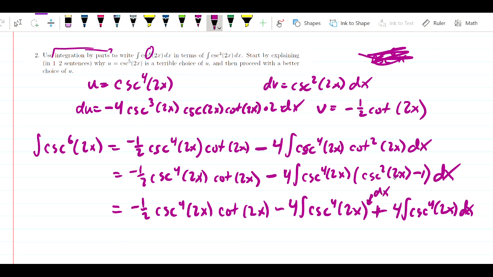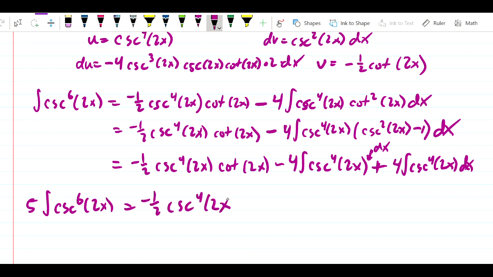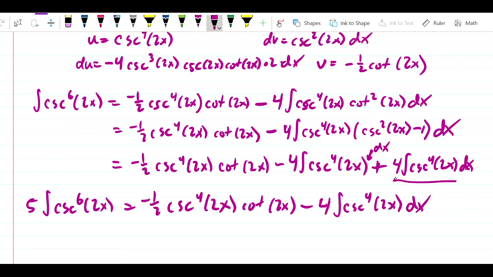So now I can add 4 times the integral of cosecant to the 6th 2x to the other side of the equation. Sorry, let me back up for a minute.